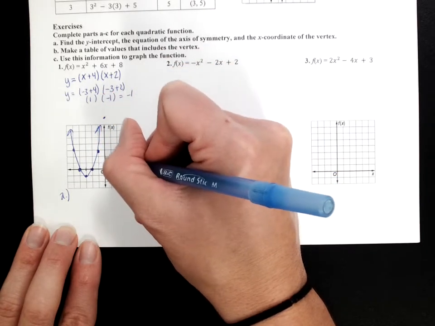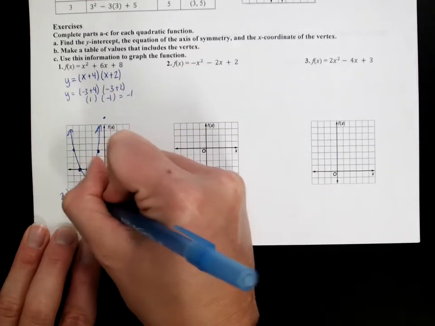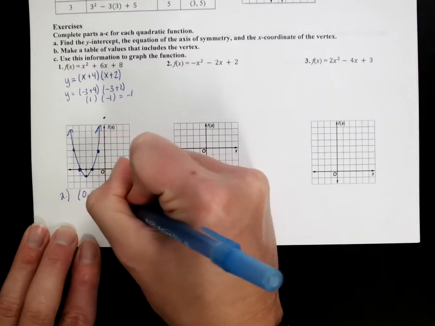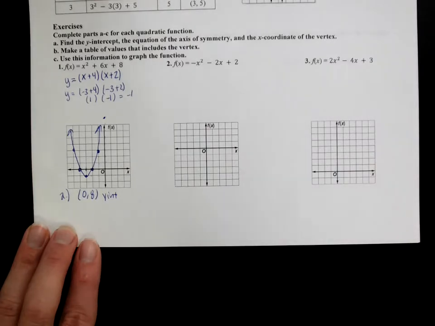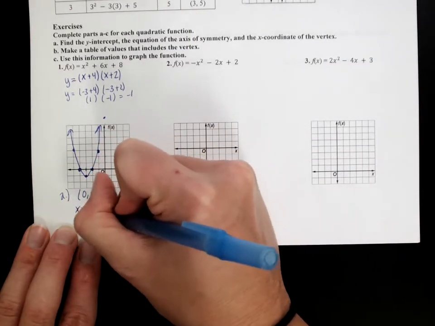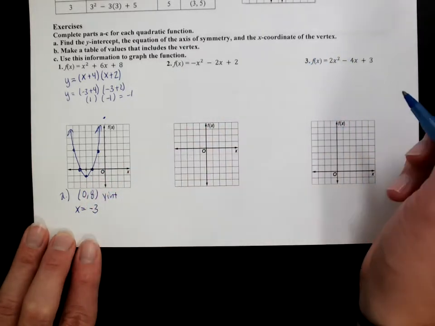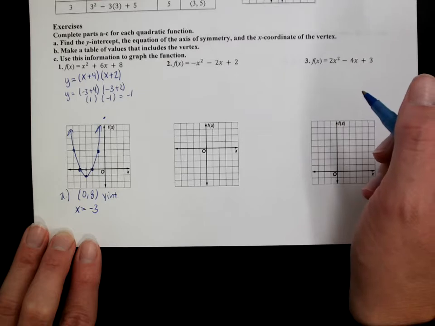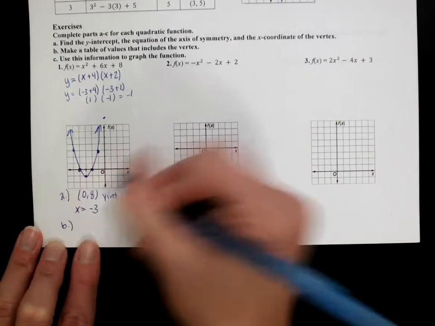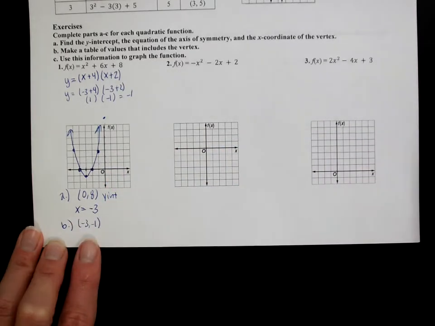So 0, 8 is the y-intercept. The axis of symmetry is x equals the x value of your vertex, which in this case is negative 3. And the x coordinate of the vertex is what we've already done. Our vertex, part B, is going to be negative 3, negative 1.